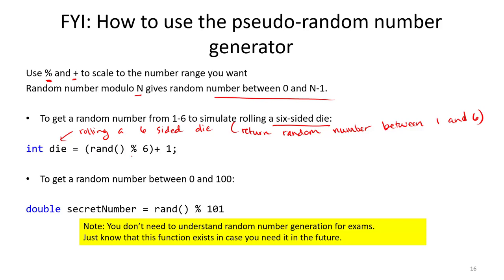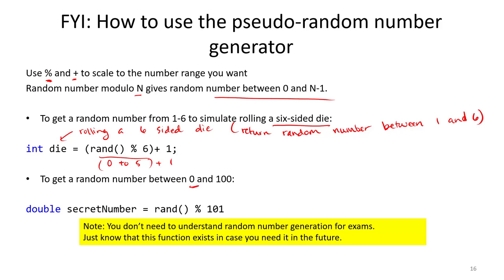So if we want to do that, we could say rand ampersand 6 plus 1. So this would give us a random number between 0 to 5. And then we have to add 1 to that. And so this will actually give us that random number.